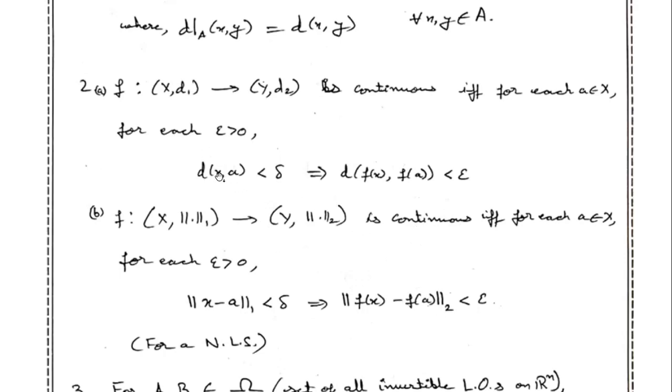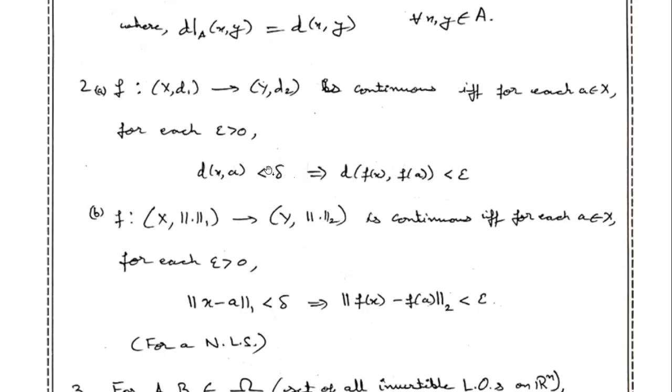Before going into it, let us observe here. I have simply put d here. For x and y in X, to be specific, we should write d1 here, and because f(x) and f(a) are points in Y where the d2 metric is applied, it should be d2.